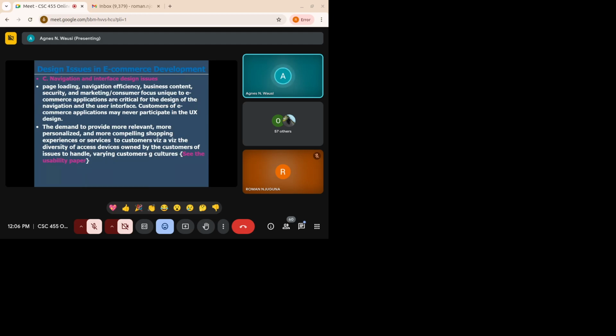And here the navigation is really about how deep is the navigation to the item or to the information the user requires. What is the content that is there, how secure, and all those other things that we have been talking about.